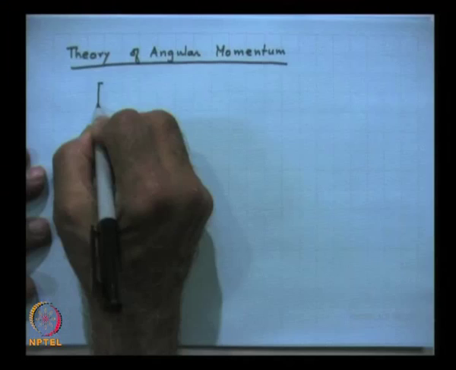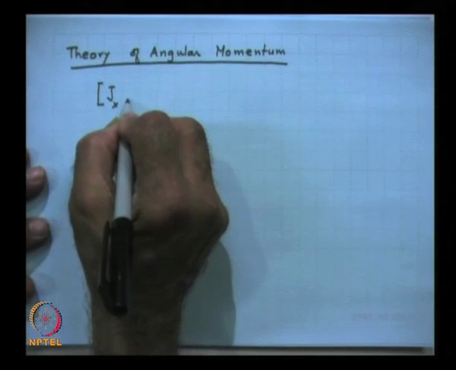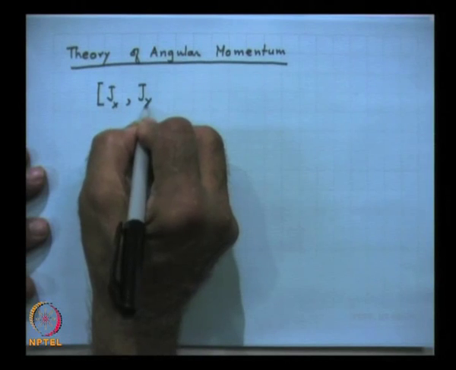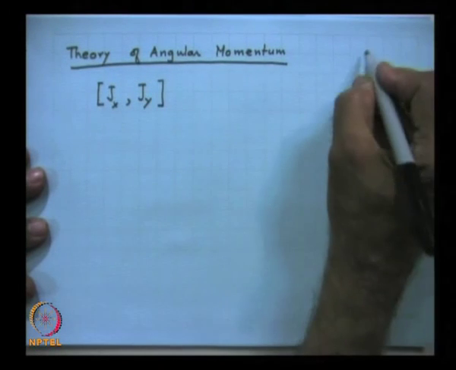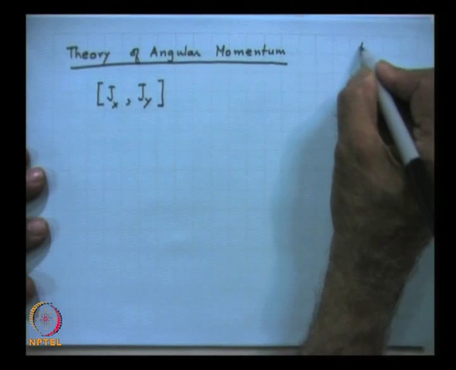And so, the convention is that since we are depending only on the commutation relations, we use the symbol J representing the angular momentum operator. So, we replace L, L x, L y and L z by J x, J y and J z, and we start with the theory of angular momentum by saying that J x, J y, and we use the system of units in which h cross is 1.